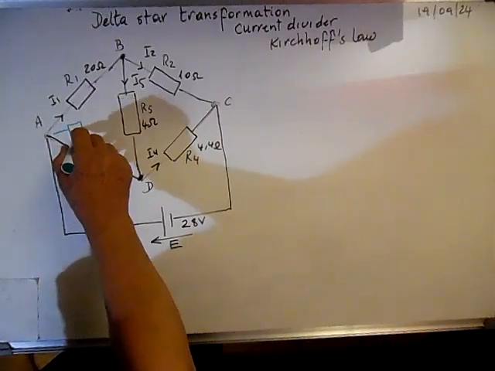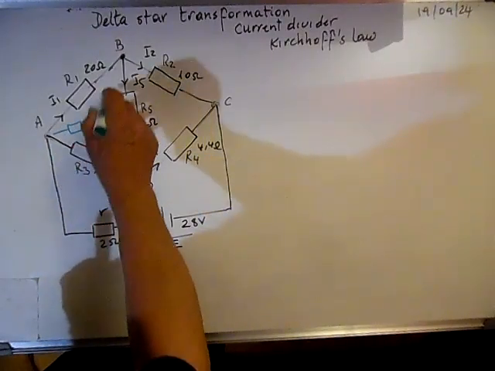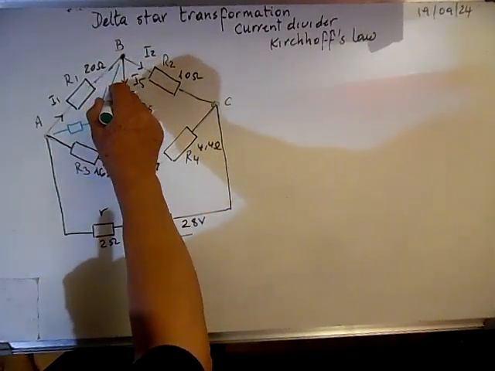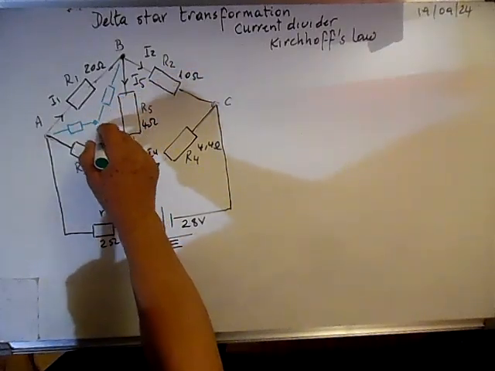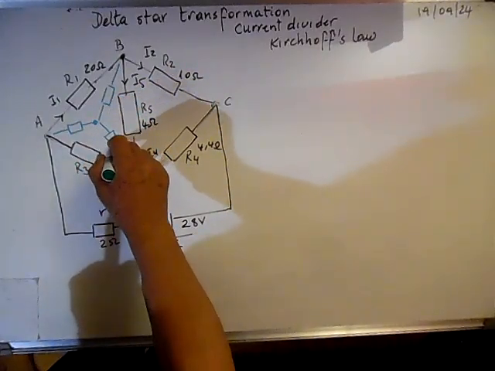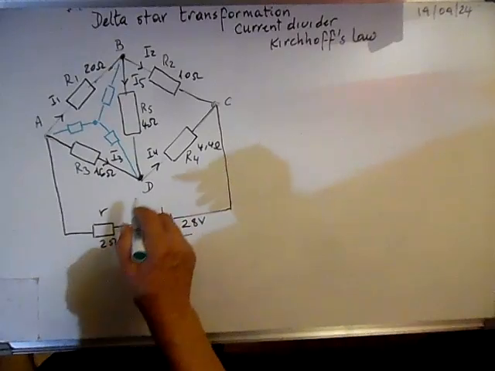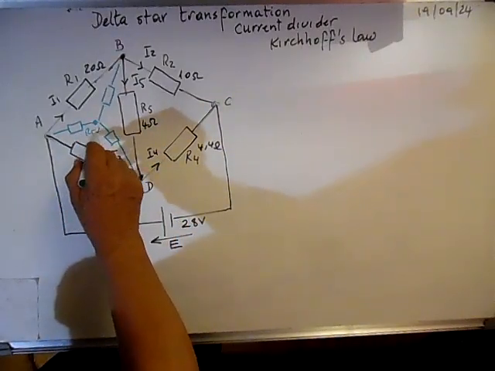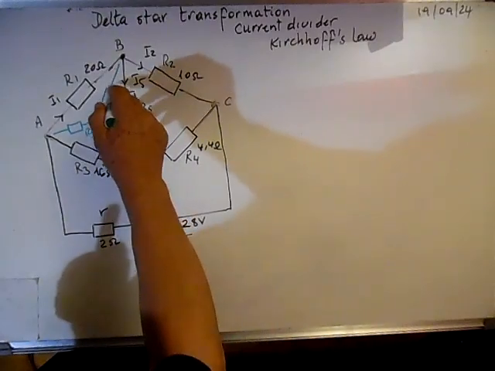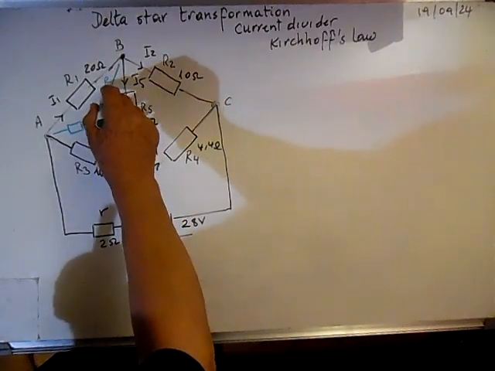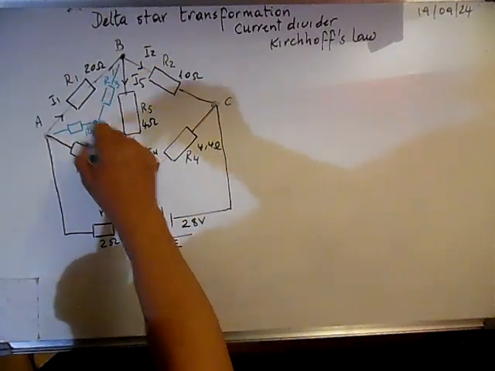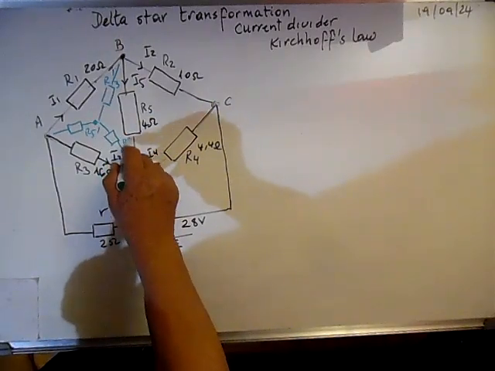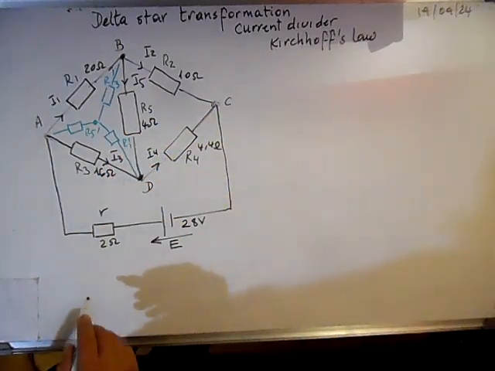I have made some films about these transformations. I will give you the results of the calculations. If we call this one R5 prime and this one R3 prime, and here we have R1 prime, we can transform it.